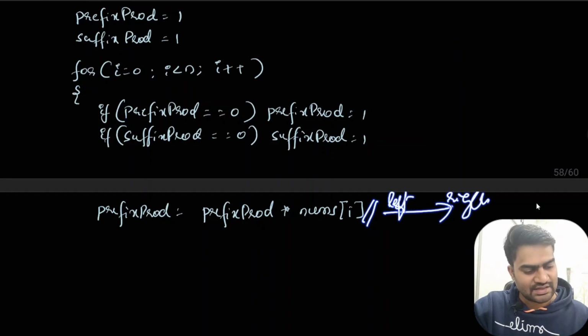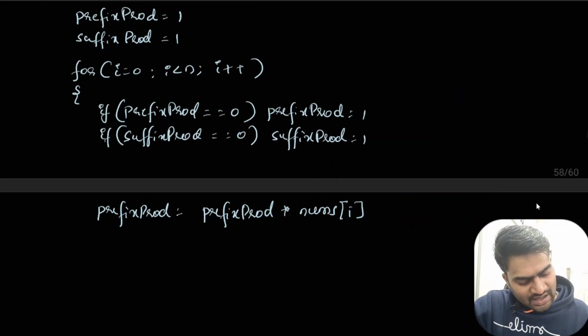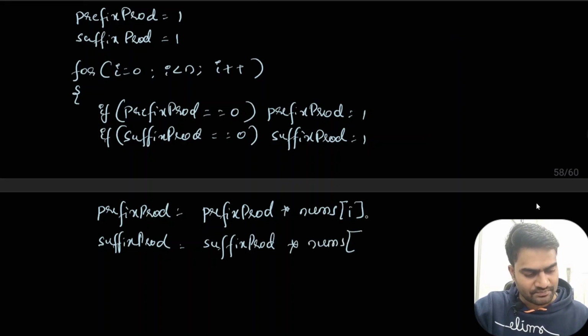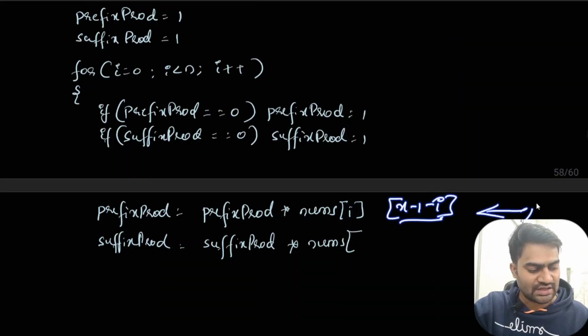Correct, right? Now I will take my suffix product and I will say suffix product into nums of, now this I should be n minus 1 minus I. Correct, right? Because I want to process from the last to first.